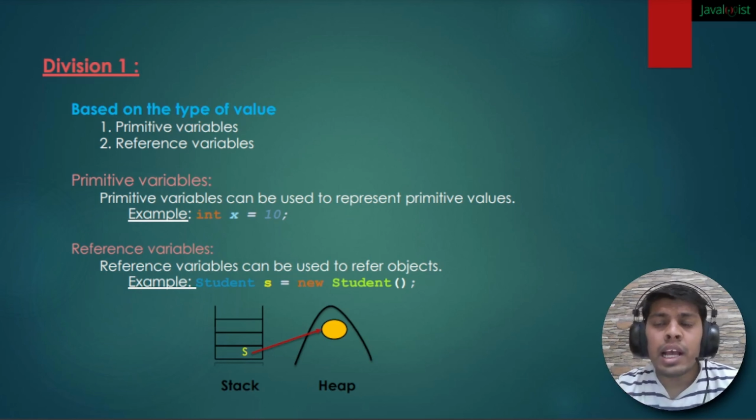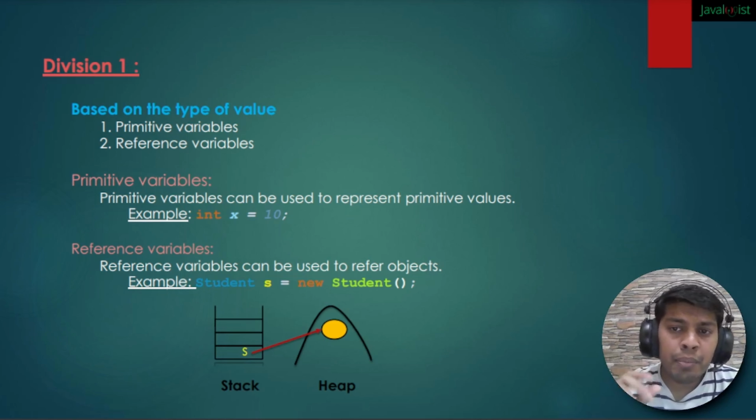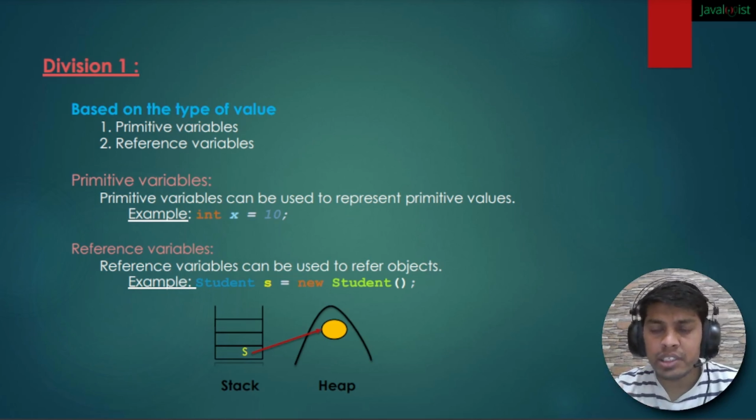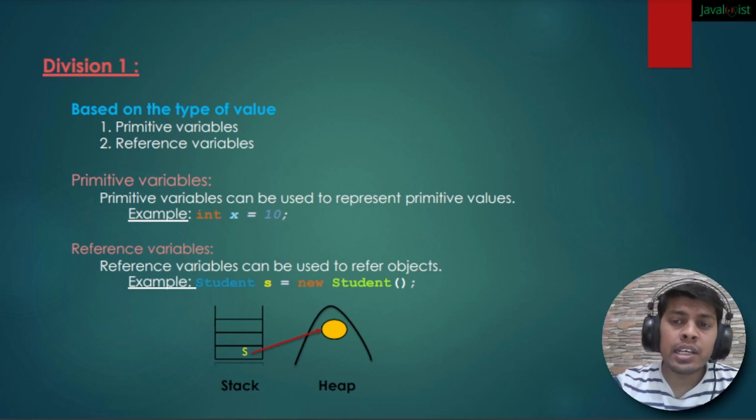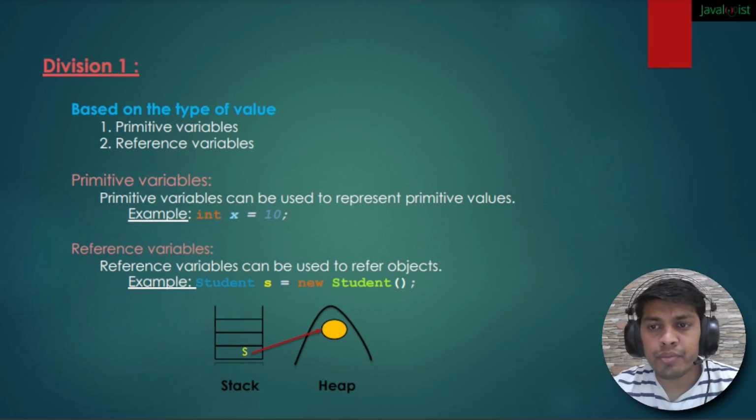A primitive variable can be used to represent primitive values. It means we know which type of data is getting stored in the variable. In this example, it is an integer: int x = 10. So this is a primitive variable. And second, reference variable.